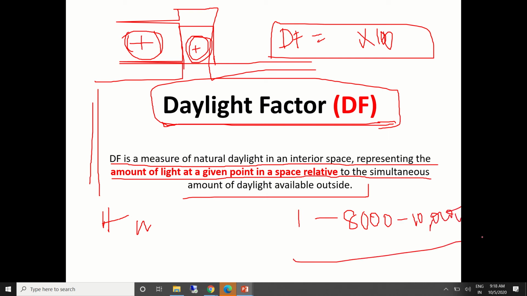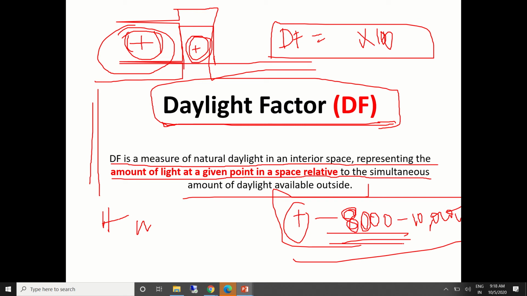We will see this in detail later on, but you remember that the outdoor conditions in warm and humid climate are something around 8,000 to 10,000. Depending on the climatic conditions, the outdoor range will vary. For composite, it is different. For cold regions, this is different, and so on.